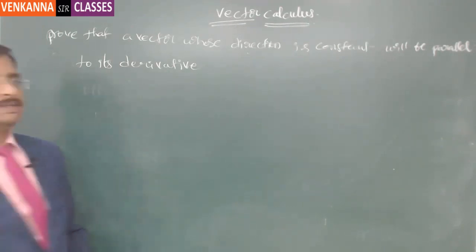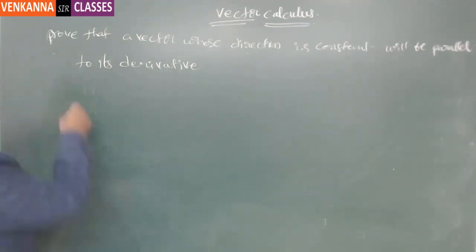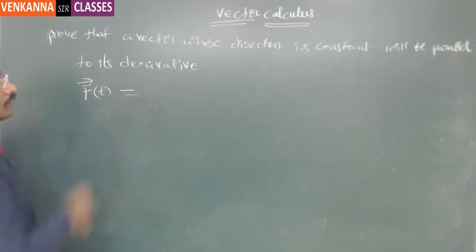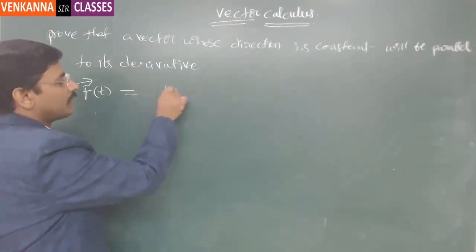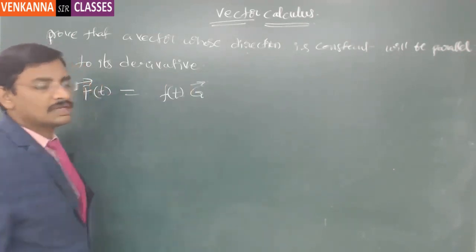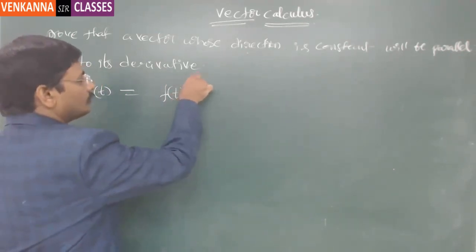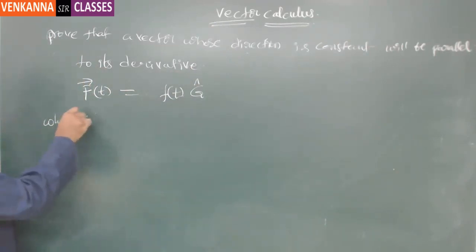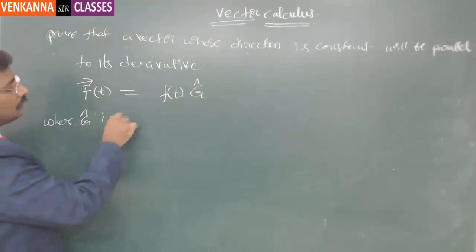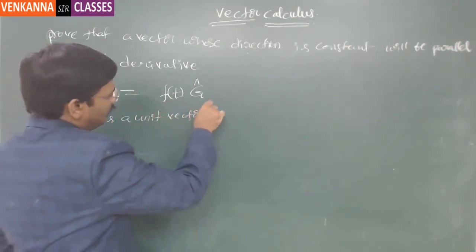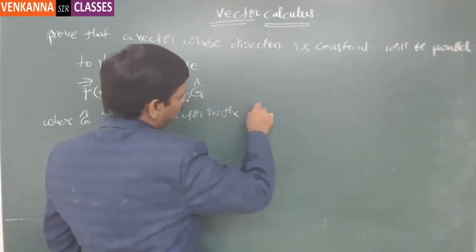Okay, so let me solve this. See this. Let us say there is a vector f, and this vector is a function of t. Now this vector can be expressed as its magnitude f of t multiplied with a unit vector, g cap, where g cap is a unit vector in the direction of f.